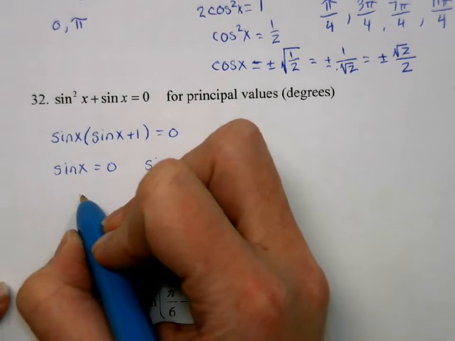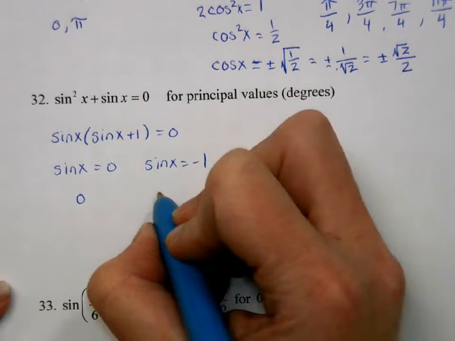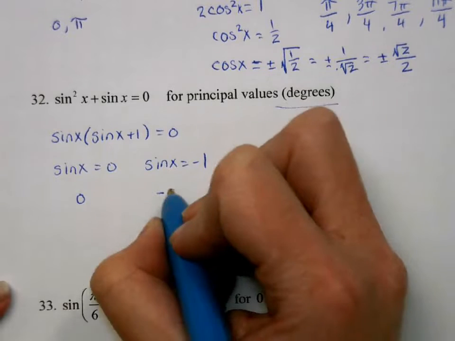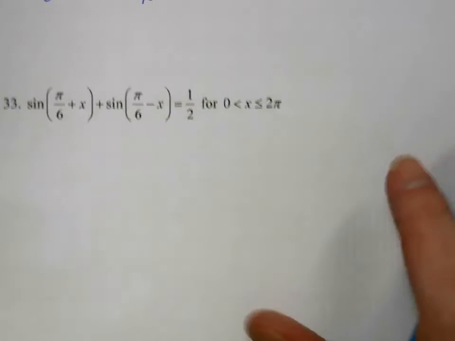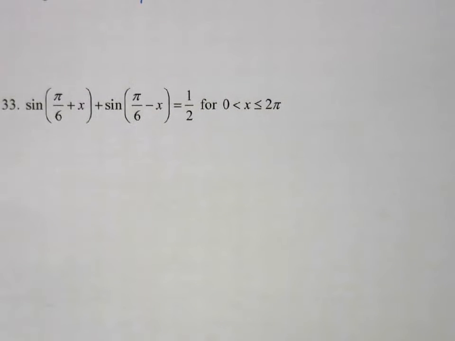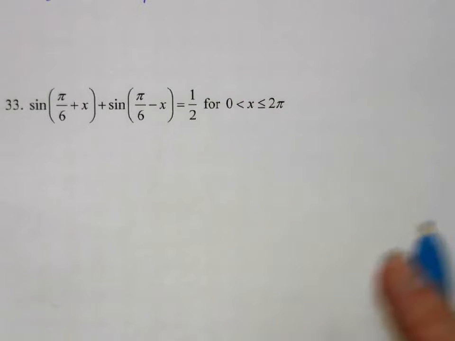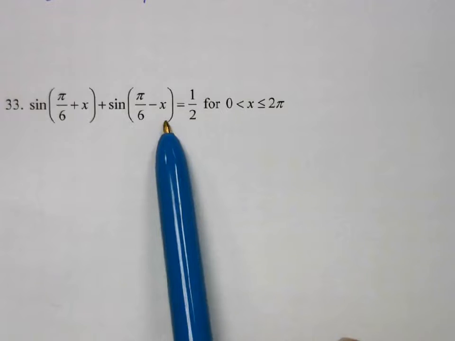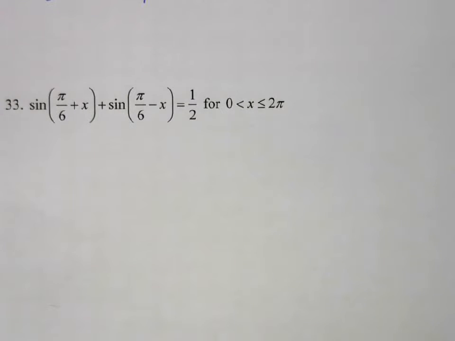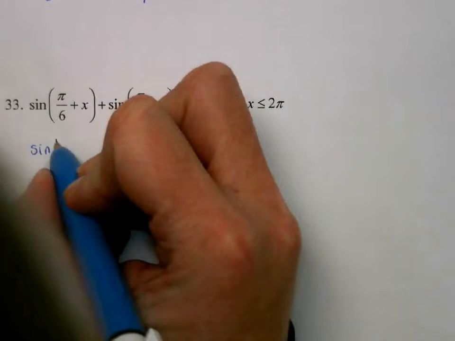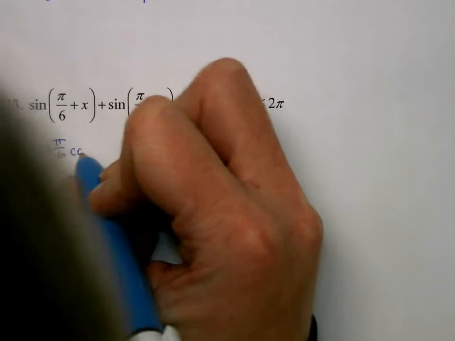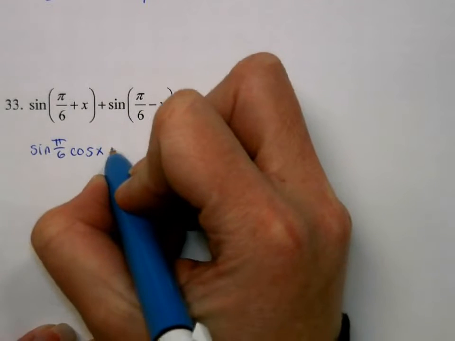All right, and our last problem here, we're going to use the sum and difference identities for sine, and we have 2 of them. So this is going to get very, very big before it gets small. So this one, we're going to have sine pi over 6 cosine x plus, so this is this, I'm going to do it in 2 colors, sine of x cosine pi over 6.